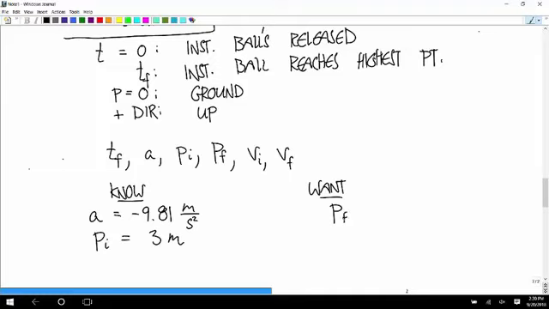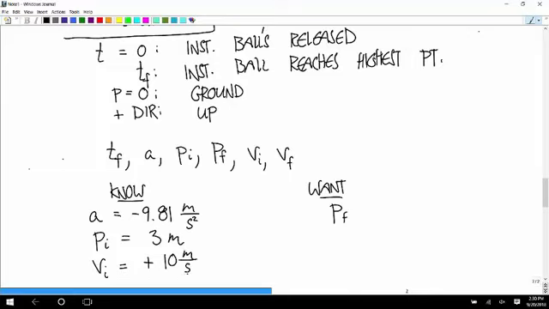What about the initial velocity? We know that. It has a magnitude of 10 meters per second. Is it positive or negative? It's positive because it's thrown up, and we said up means positive. So this is positive 10 meters per second.